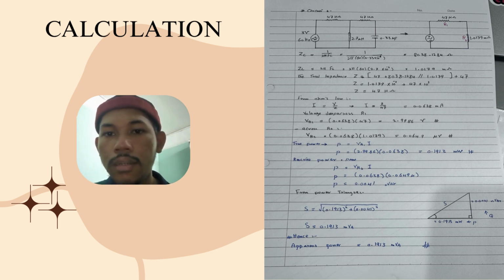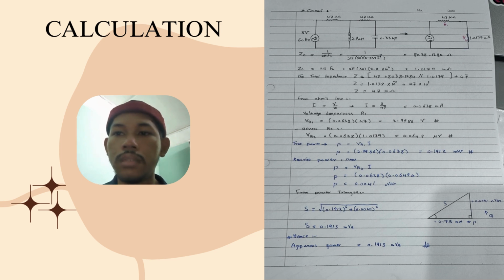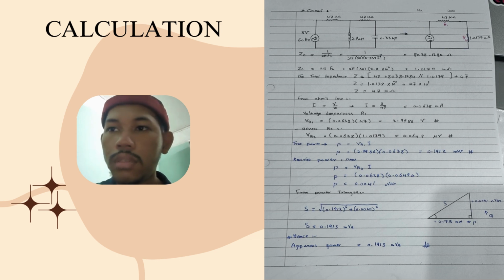So the equation is 2 pi times 60 times 2.7 times 10 power of negative 6 equals 1.0179 milliohms.